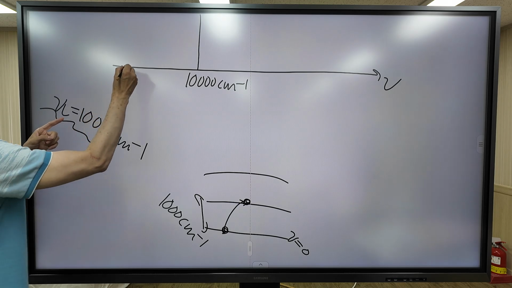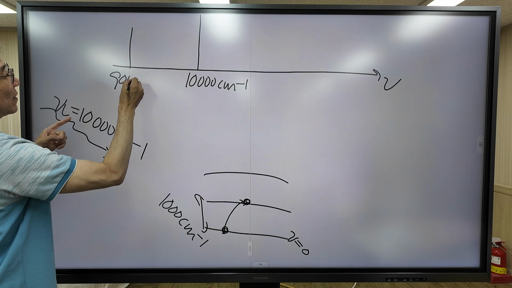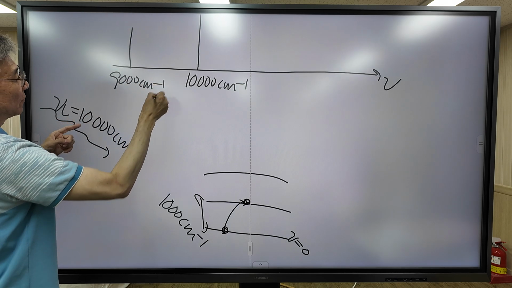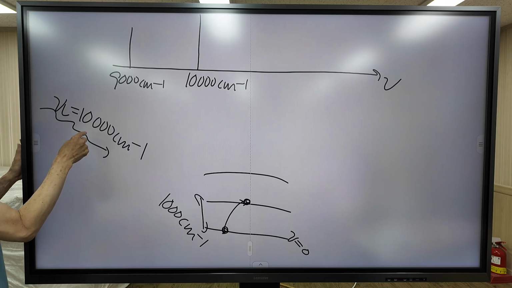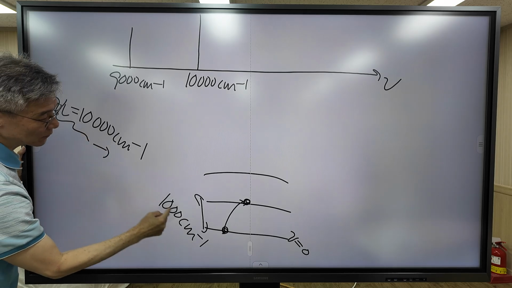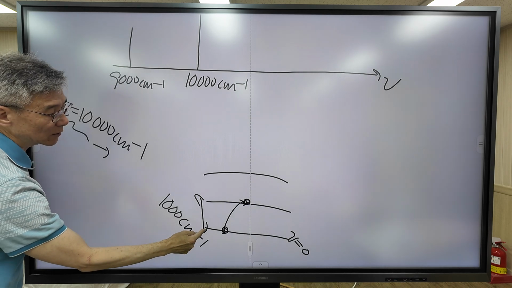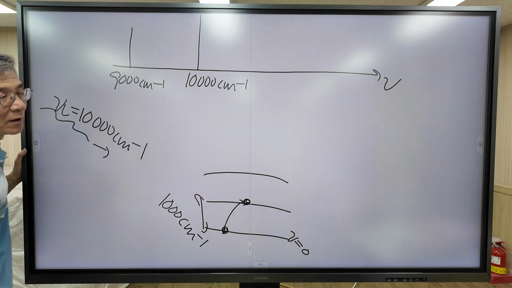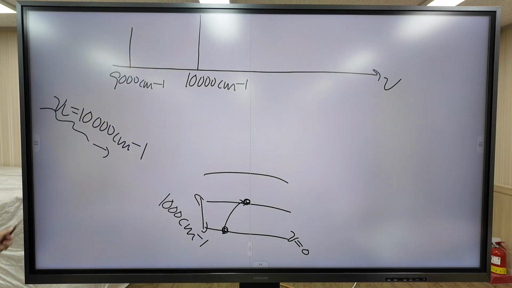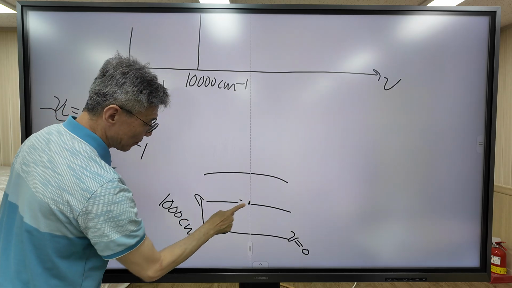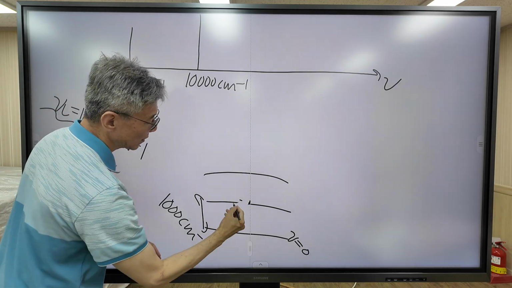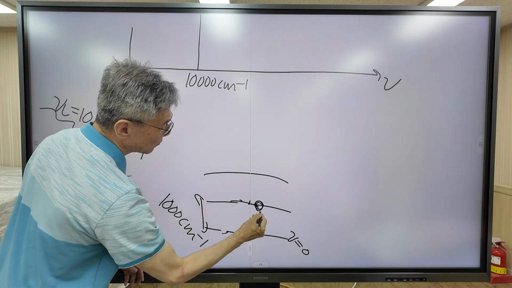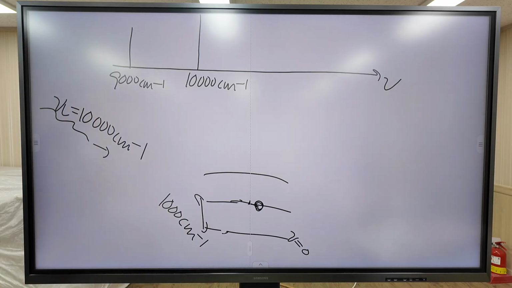So it appears at 9,000, because this light loses energy of 1000. And with this energy transferred to the molecule, the molecule makes a transition from 0 to 1. This is a Stokes line. And there is an anti-Stokes Raman scattering. In anti-Stokes Raman scattering, the molecule is in the V equal 1 state.